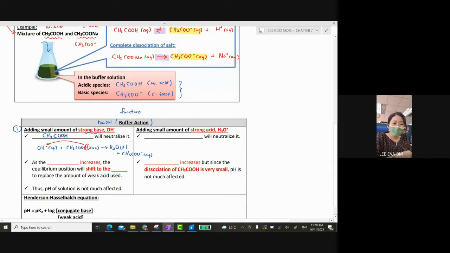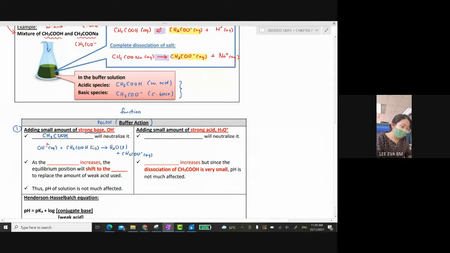Do you get me? Yes. Okay, mesti kena tahu macam mana nak lukis, tulis equation. So OH minus, the added strong base, reacts with your weak acid to produce the conjugate base CH3COO minus and H2O.